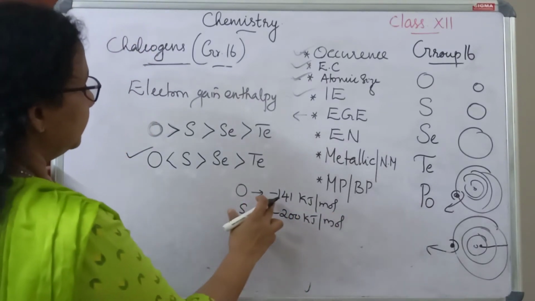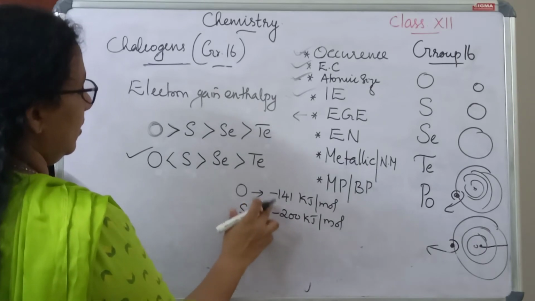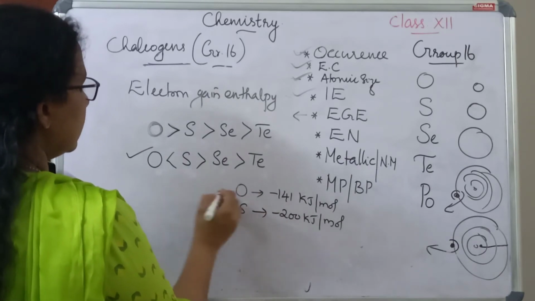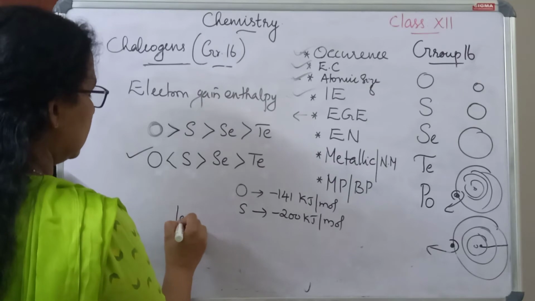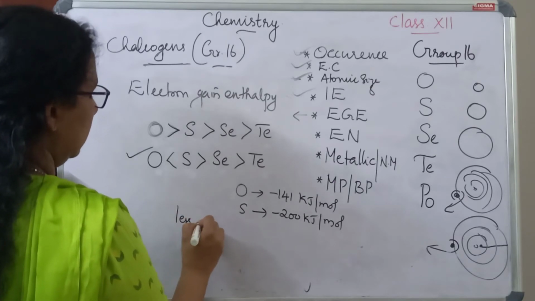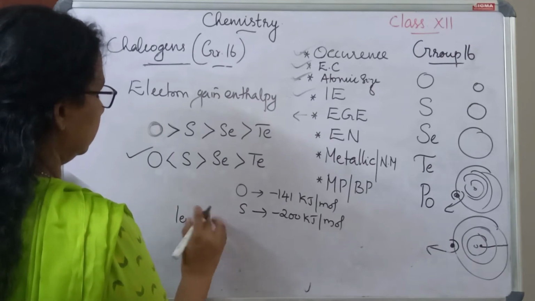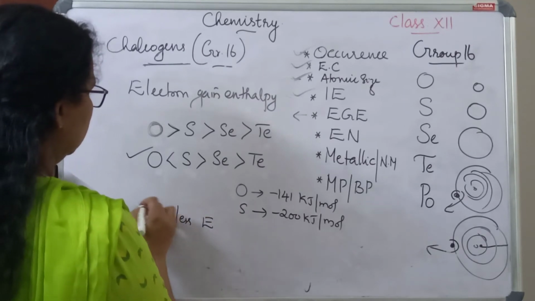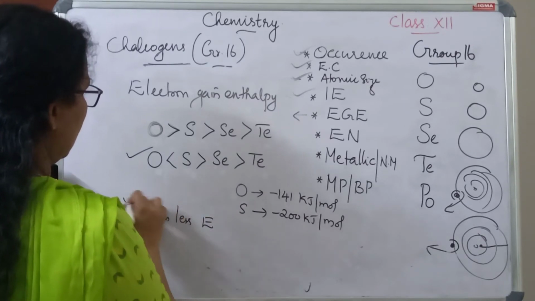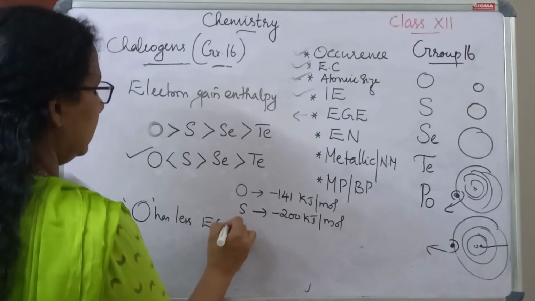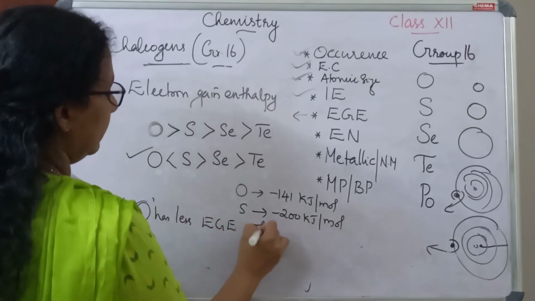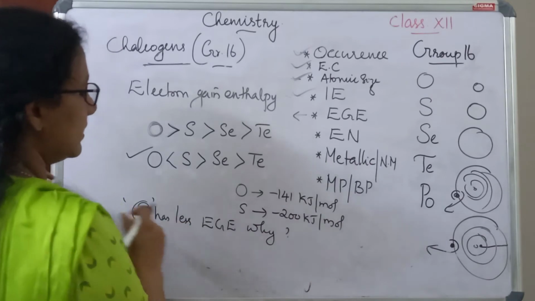So oxygen has less electron gain enthalpy. Why? That is the question.